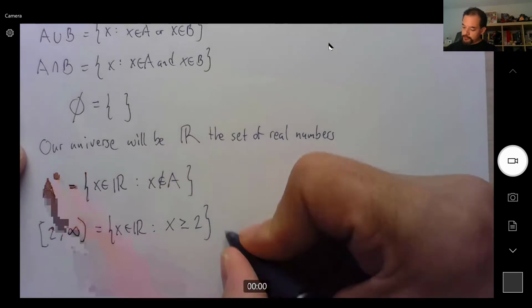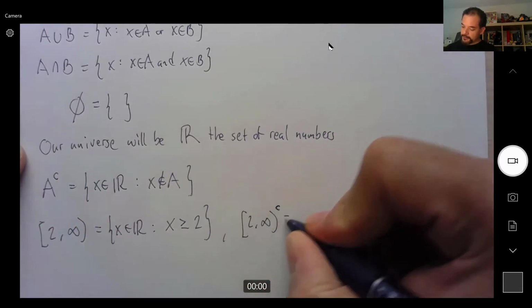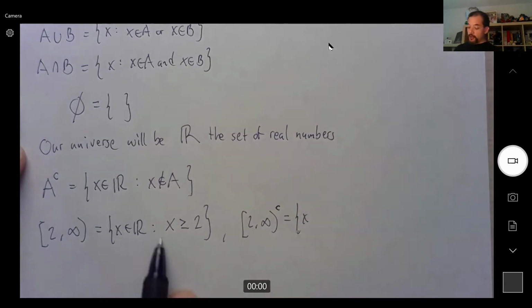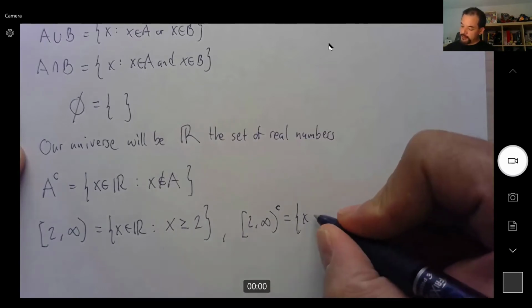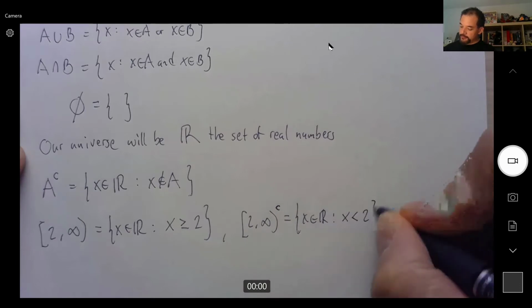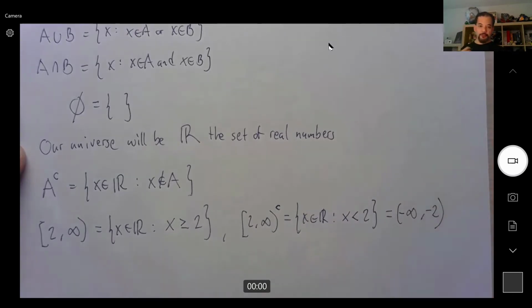And if we wanted to do the complement of that set, well, these would be the real numbers that are not in here. In other words, the real numbers that are less than 2. And in interval notation, this would be the set from negative infinity to negative 2, not including negative 2.